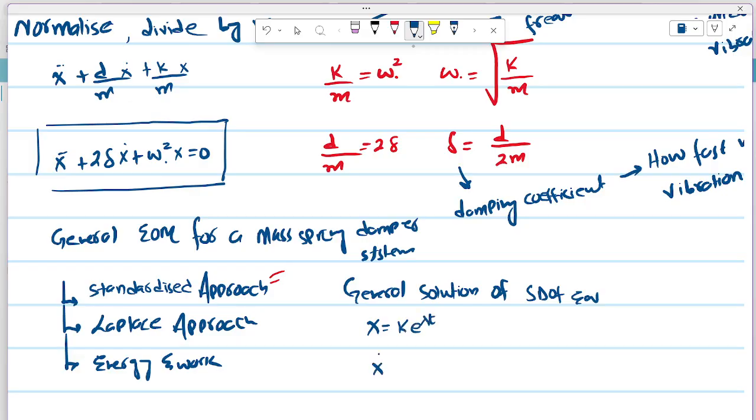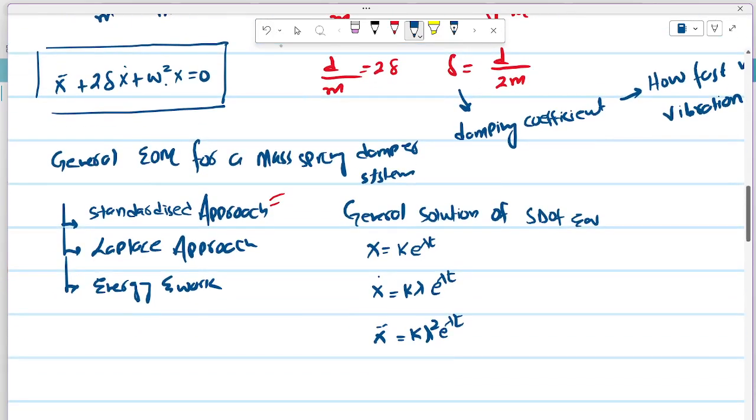So x dot, the derivative of this, will be k lambda e to the lambda t, because the constant comes out, and the double derivative would be k lambda square e to the lambda t.